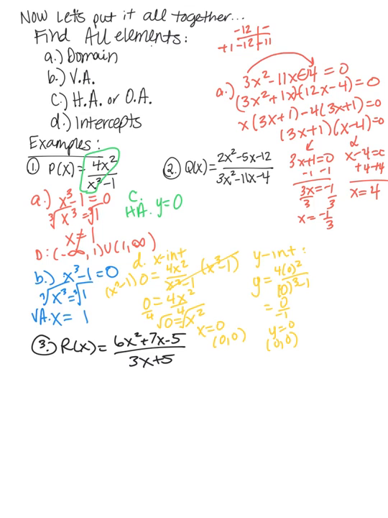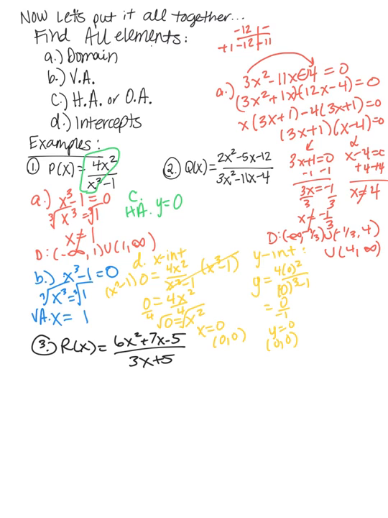So I have two numbers that actually, remember, x cannot be. So my domain is going to be negative infinity. It's a number line, so I want to start with the smaller one to negative 1/3, union negative 1/3 to 4, union 4 to infinity.